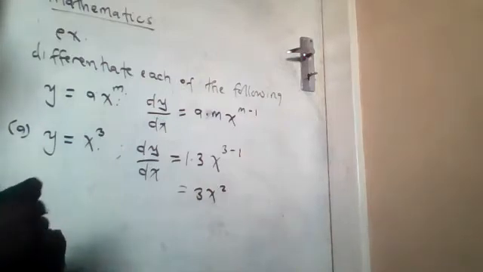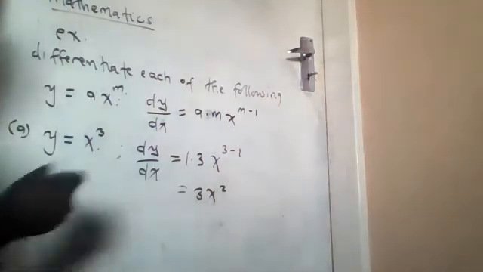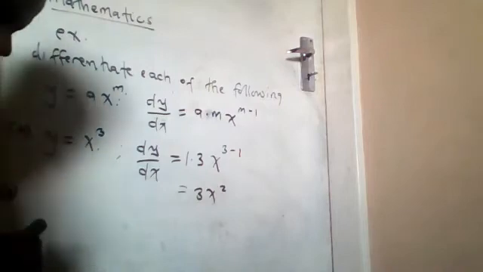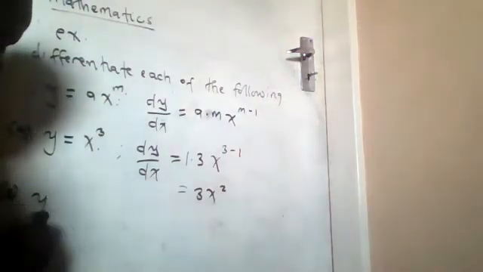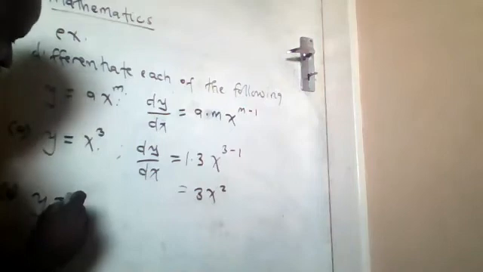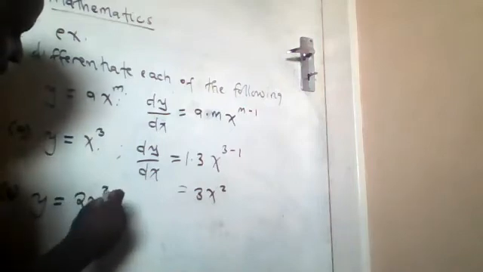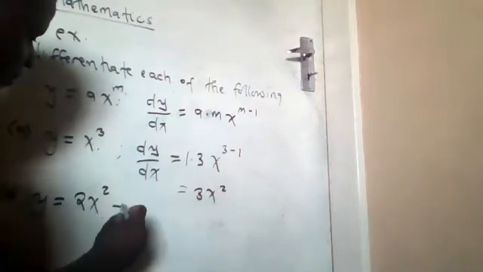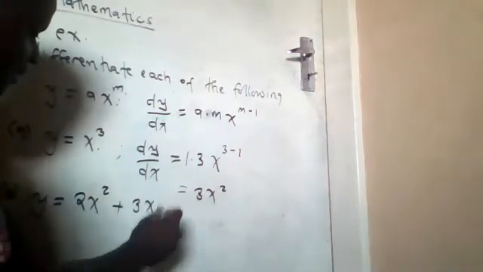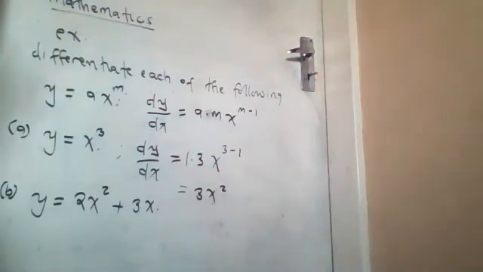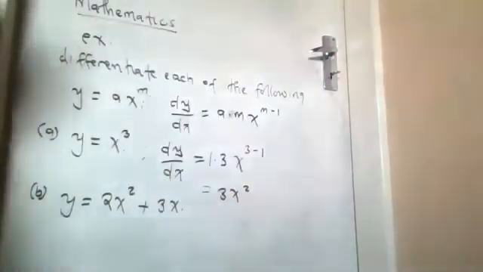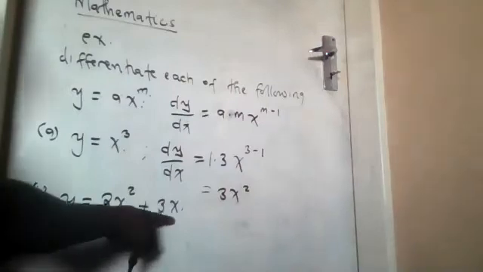That is number 1. Number 2, we are saying we have y is equal to 2x squared plus 3x. How are we supposed to differentiate that? Now in here, we have got 2 parts. There's this part here and that part.